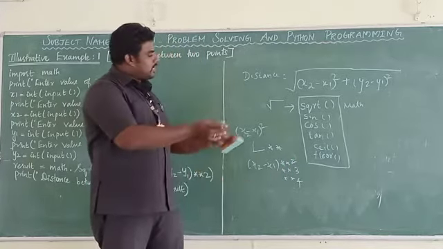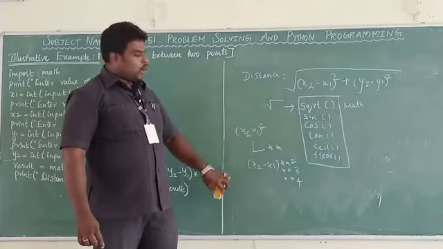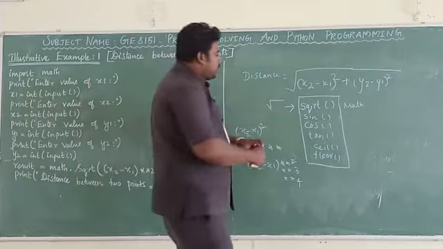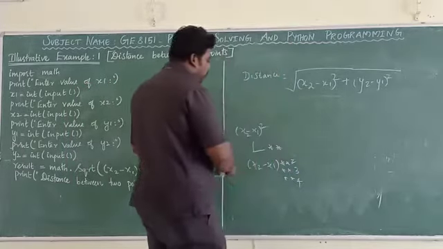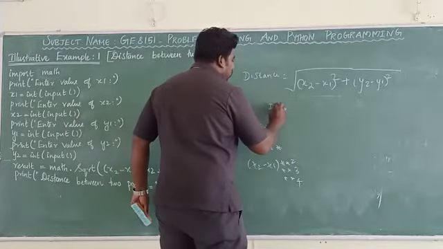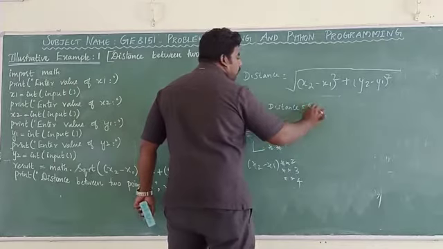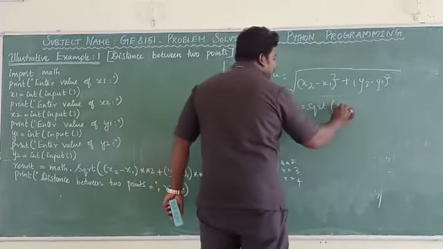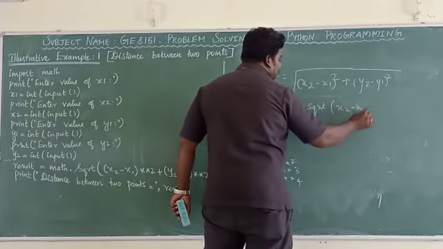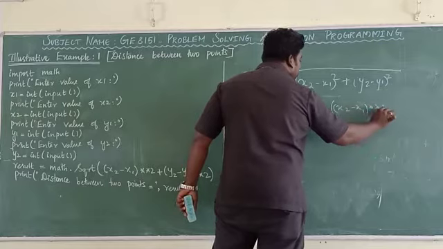Now we get a clear idea about the formula, right? Now I am elaborating from the programming point of view. Distance equals, first you have to use square root of, then x2 minus x1 the whole, instead of square, which symbol?